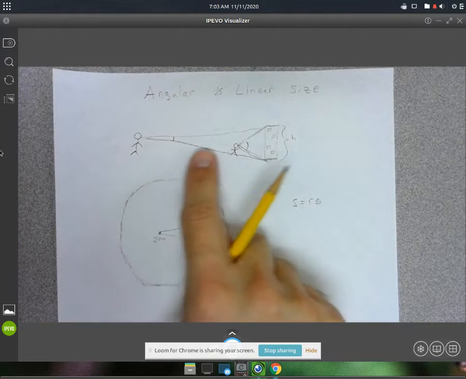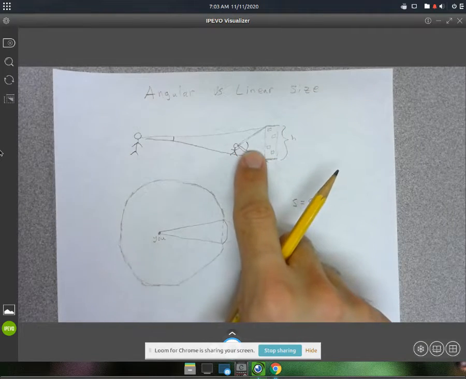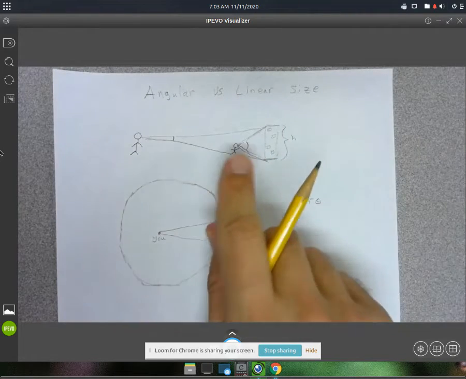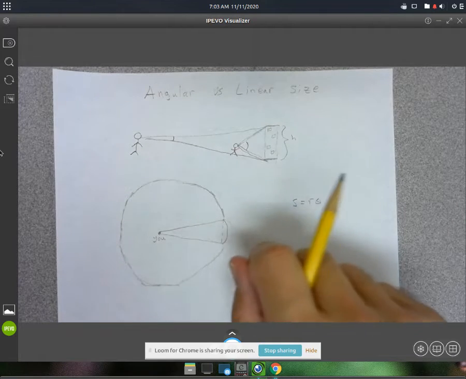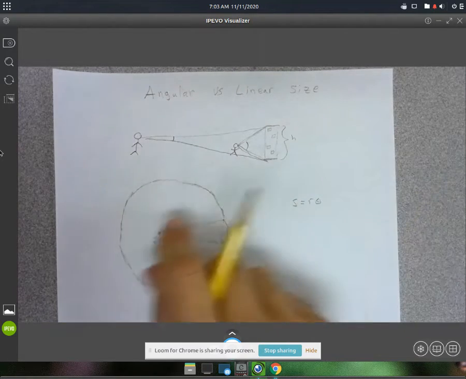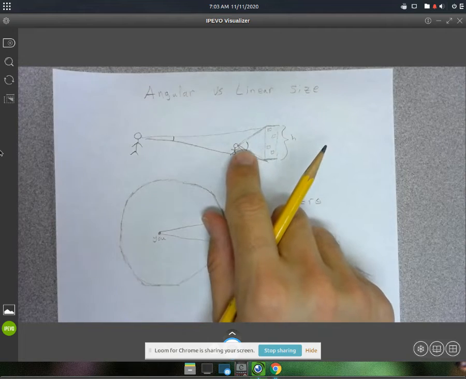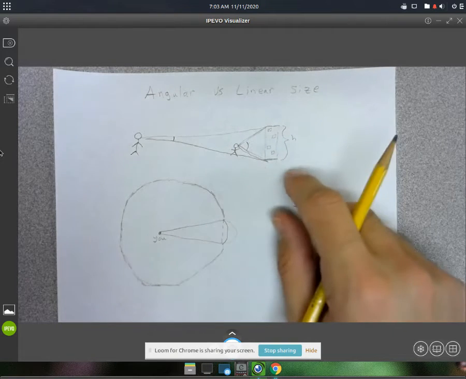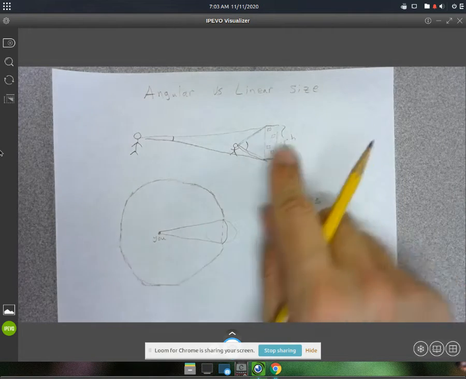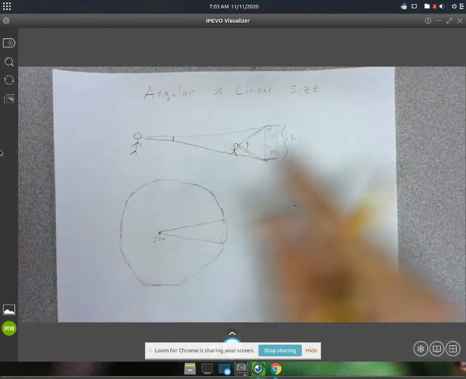So the closer that he gets to the building, the bigger this angle is. That is what we call angular size. It's the angle. It's using an angle to describe the size of an object, depending on how far back or forward you are from it.